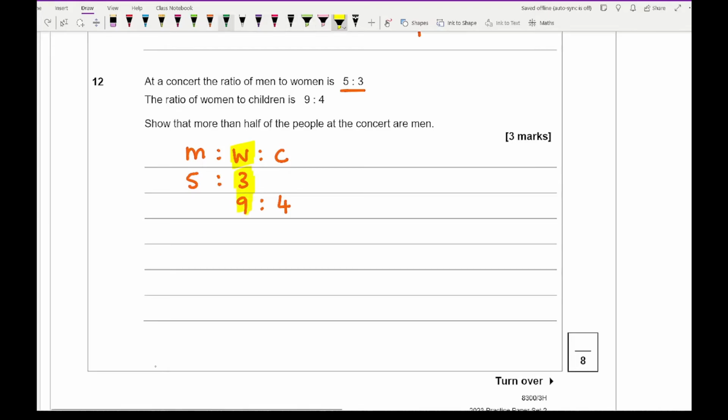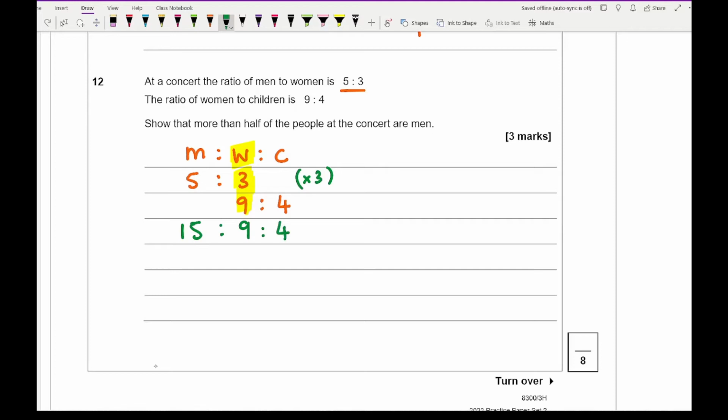And how do I do that? Well, if I multiply the first ratio by 3, then that becomes 15 to 9, and I know that 9 parts of women then equal 4 parts of children. So there is our final combined ratio.